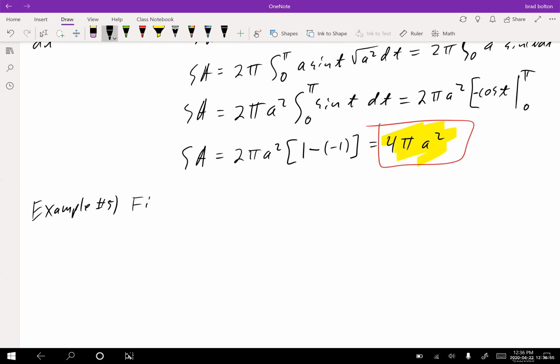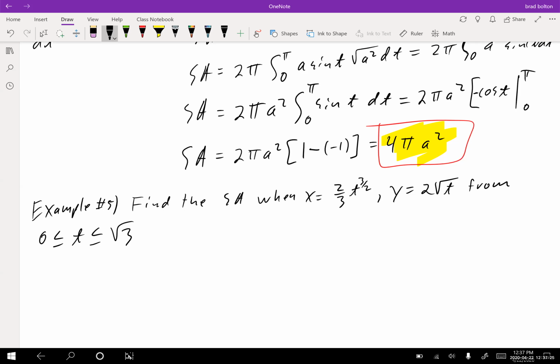So it says find the surface area when x equals 2/3 t to the 3/2, y equals 2 square root of t, for 0 less than or equal to t less than or equal to square root of 3, rotated around the y-axis. So we'll go this way.